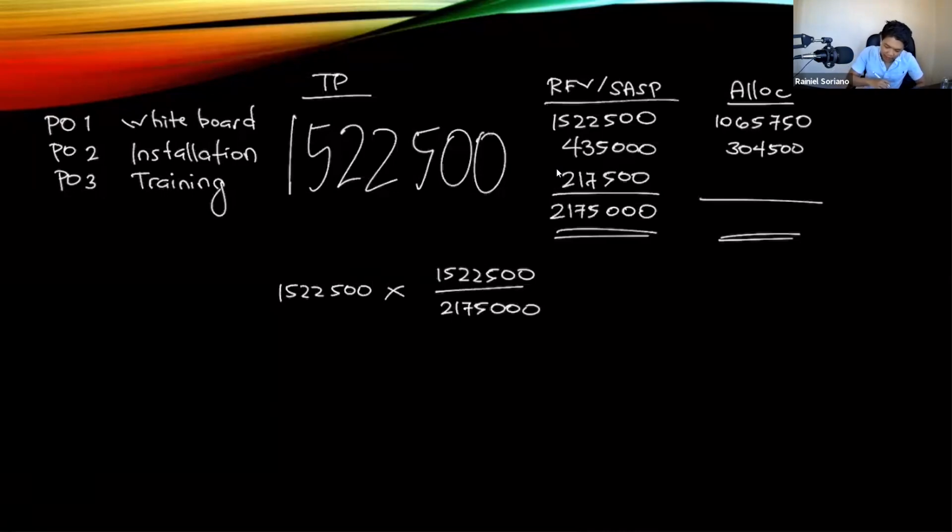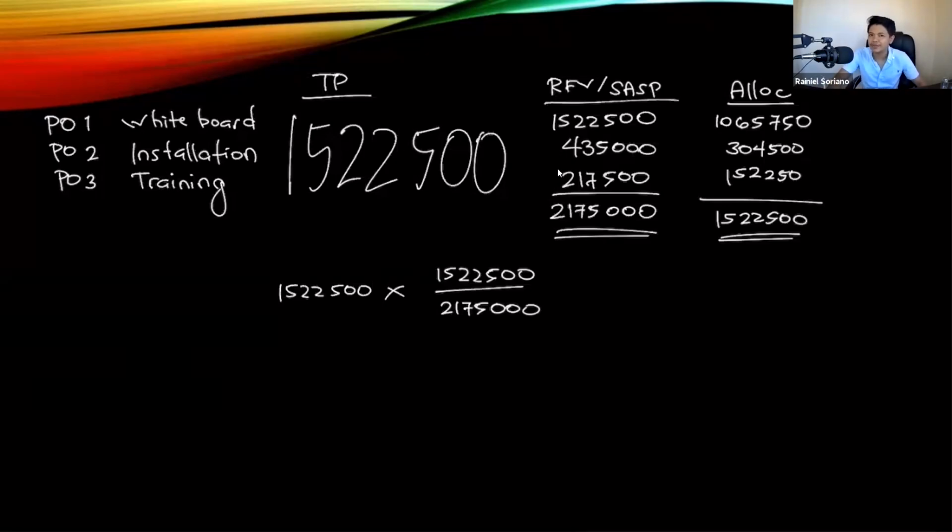Then last but not the least, 1,522,500 divided by 2,175 times 217,500, or this is equal to magkano? 1,522,500 divided by 2,175 times 217,500, or that's equal to 152,250. Adding these three together must give you the transaction price, which is 1,522,500. So dapat equal yan. Okay?